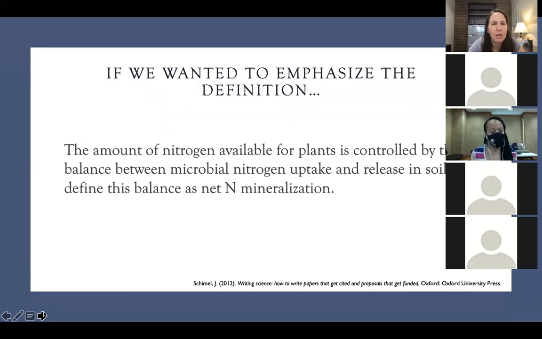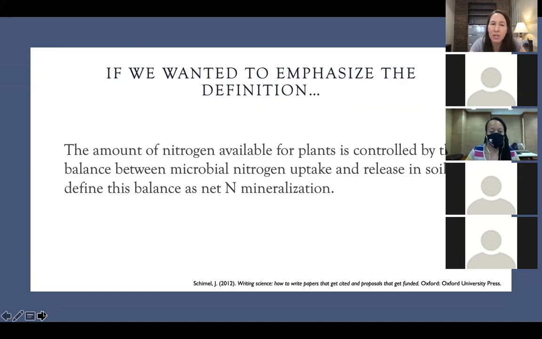Or if you think your readers might not know what net mineralization means, you could rewrite it: "The amount of nitrogen available for plants is controlled by the balance between microbial nitrogen uptake and release in soil. We define this balance as net nitrogen mineralization." So the concept is moved to that stress position at the end of the sentence.